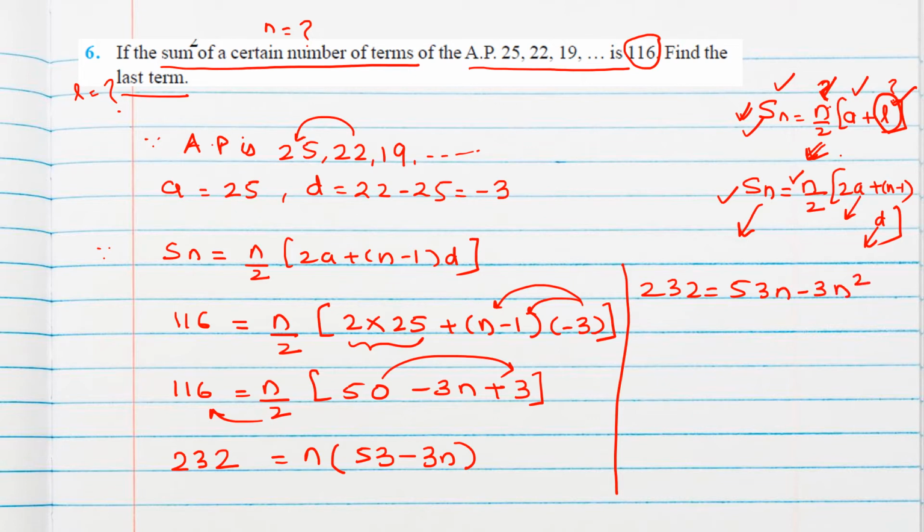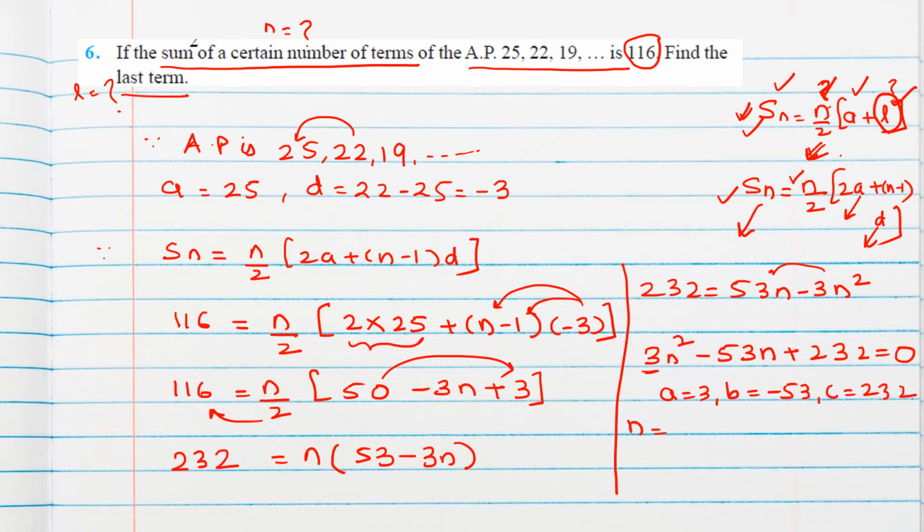So this seems to be a quadratic equation. Rearrange the terms; both these terms we can shift here. So 3n square, positive, minus 53n plus 232 equal to 0. We can use the quadratic formula to solve this. For that, a will be 3, b will be minus 53 and c will be 232.